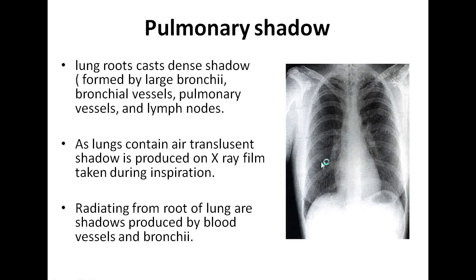You can see the shadow produced by blood vessels and bronchi radiating from the root of the lung, these fine lines. As the lung contains air, a translucent shadow is produced on the X-ray film. So more translucency will be seen if the X-ray is taken at the time of inspiration.